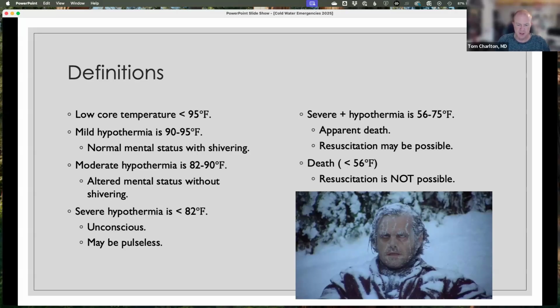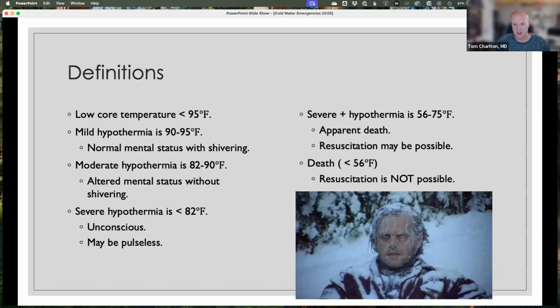And so our ability to rewarm them and get circulation reestablished, et cetera, is going to be extremely difficult. There are cases where patients have been brought back from very, very cold temperatures, but it's kind of the exception, not the rule. Death is if you've now reached less than 56 degrees Fahrenheit.